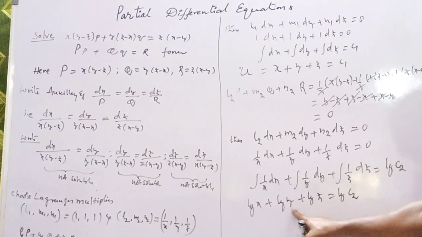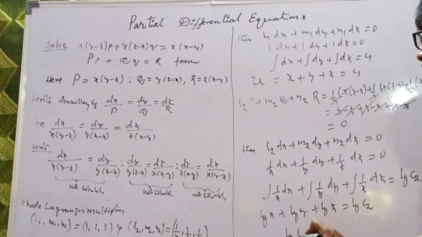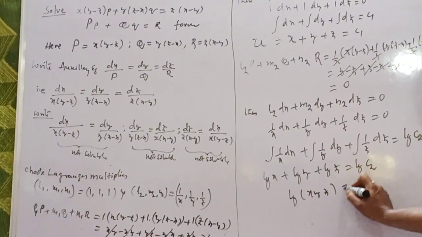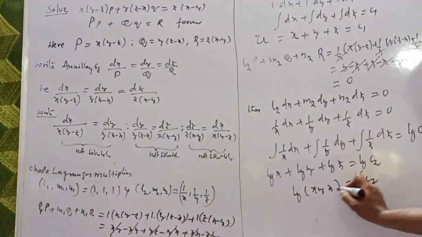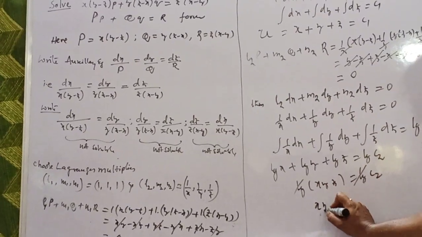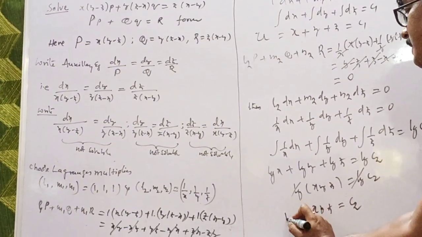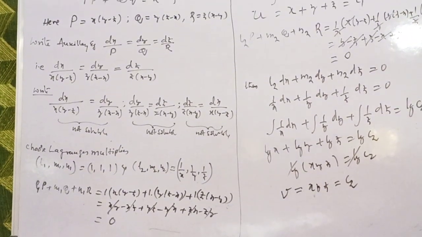Using the log a plus log b plus log c formula, we get log of abc, that is log of xyz equal to log c2. Log gets cancelled, we have xyz equal to c2. Say this is equal to v, the second function, v equal to xyz.